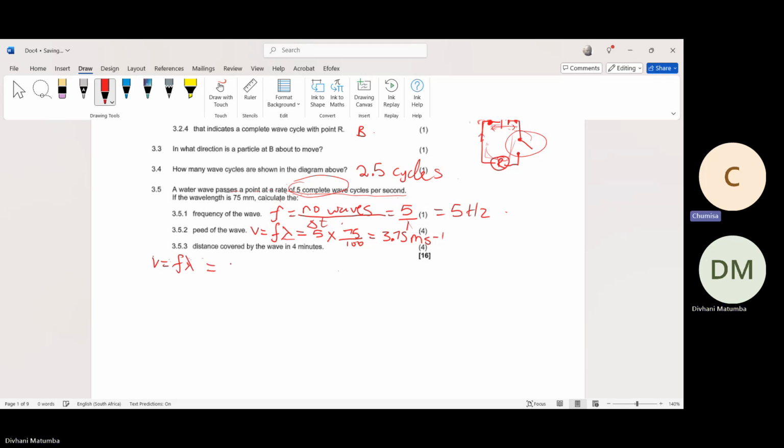Do you agree with this formula? Yes, sir. Let me say change in displacement over change in time.